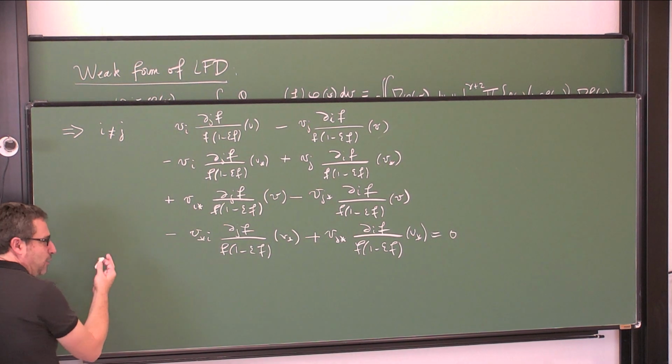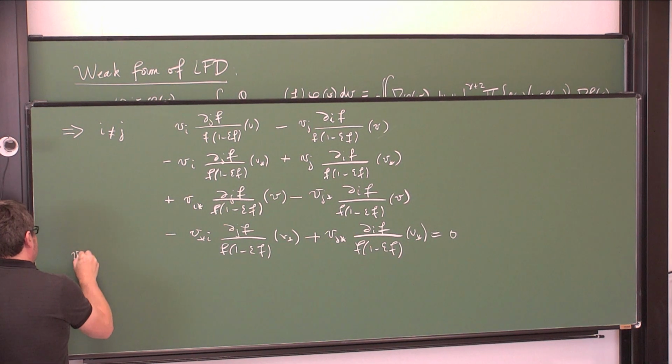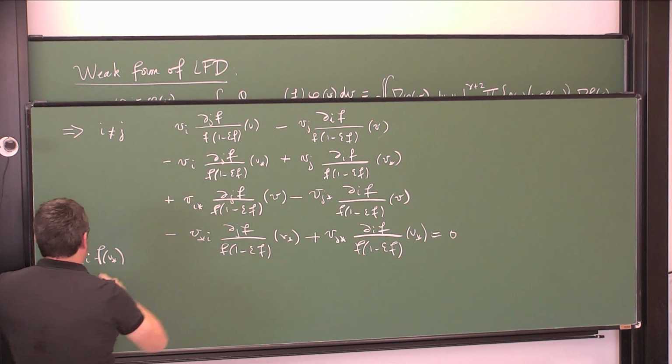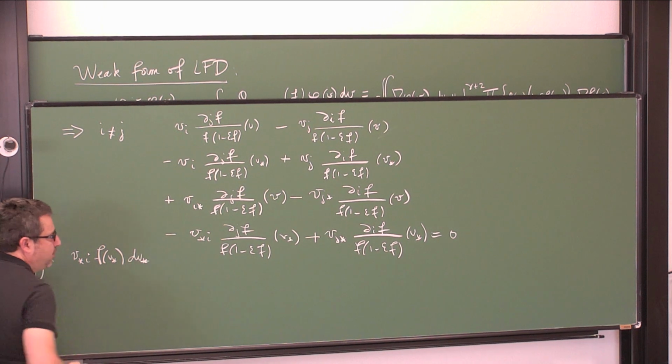So it turns out that the best multiplicator for this is to use this quantity here. So you multiply this thing by this quantity and you integrate with respect to V star only.